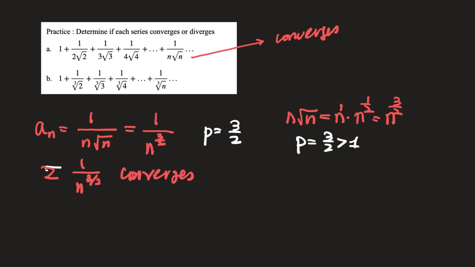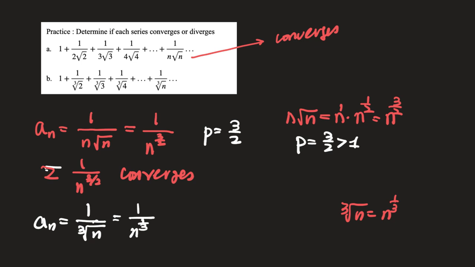Right? Let's go to the second one. The second one is a_n equals 1 over cube root n. How can we write it? Cube root n in exponential form is n to the 1 over 3. So this one is 1 over n to the 1 over 3.